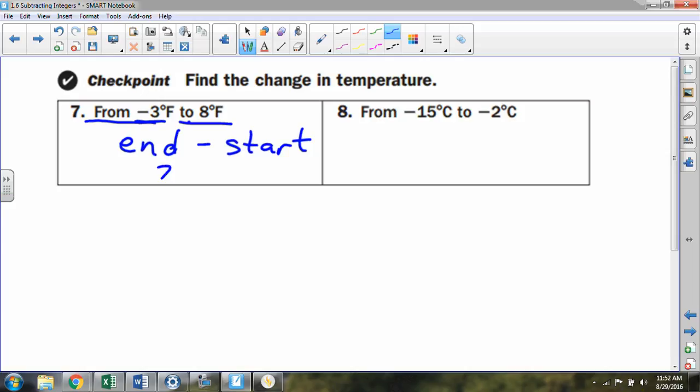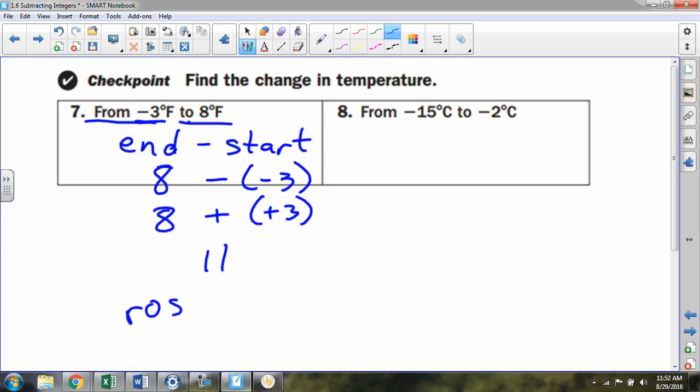So we know it's 8 subtract -3. Same, change, opposite. 8 plus +3 equals 11. Thus, the change is it rose 11 degrees Fahrenheit.